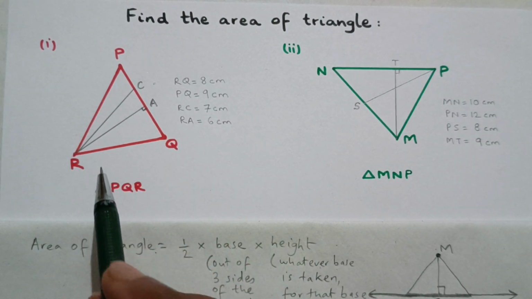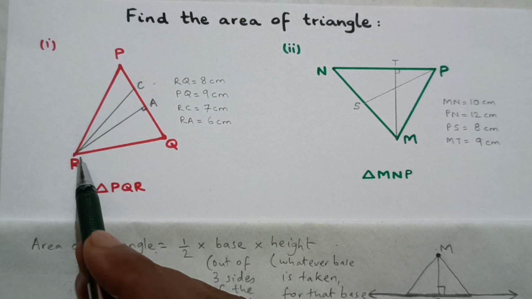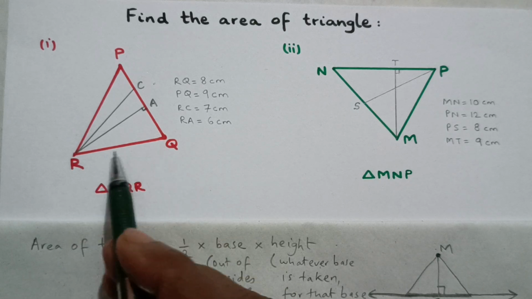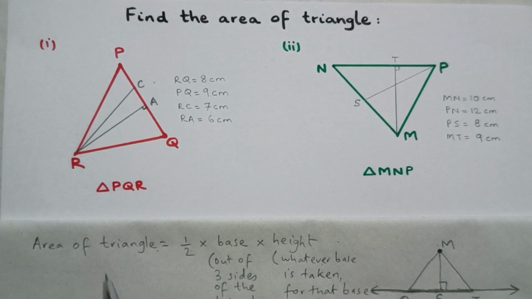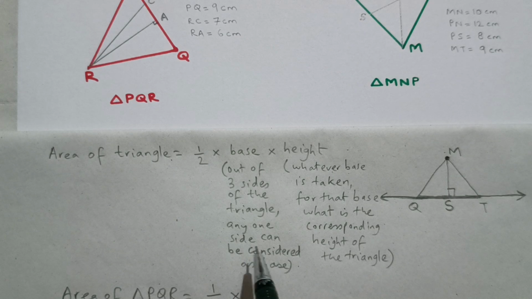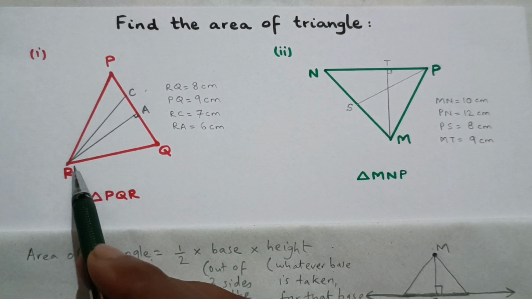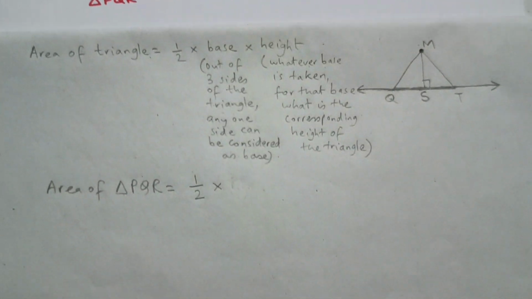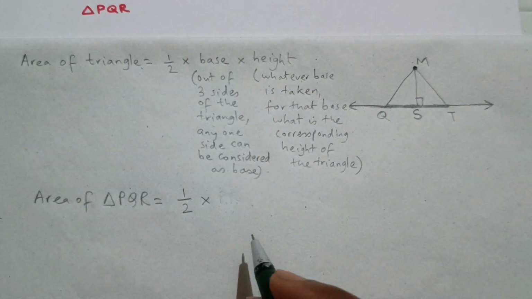So after PR, now let us consider this side of the triangle. So this side is side RQ. Now I can take any one side of the triangle as the base. So let me now take RQ as the base. So side RQ is the base.